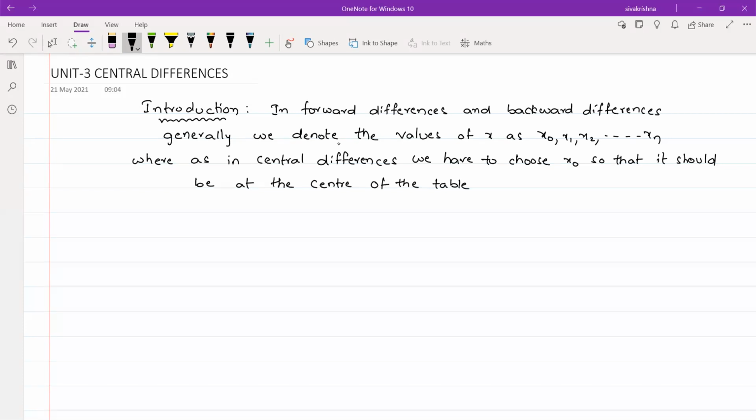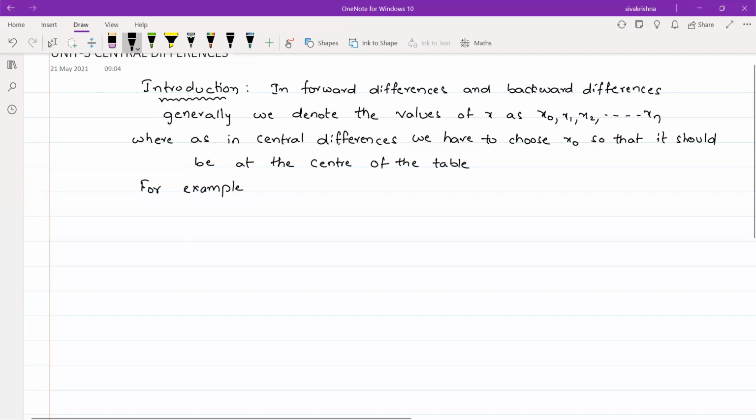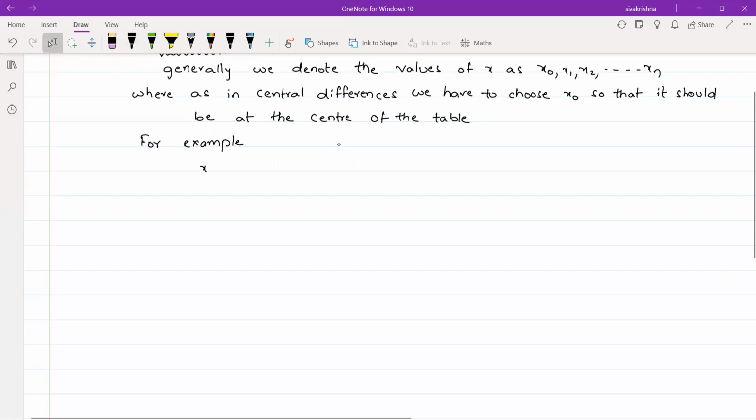For understanding, I am giving you one example. Suppose we have a table of x and y, where the values of x are 2, 4, 6, 8, 10 and 12, and the corresponding y values are 20, 30, 40, 70, 90 and 100.